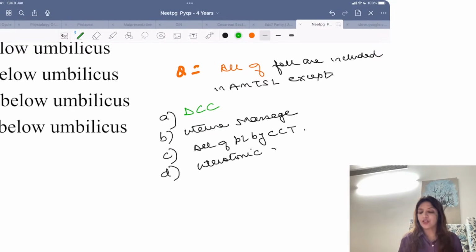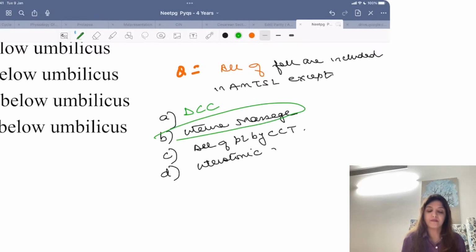Now the option changes, and option A is delayed cord clamping, uterine massage, delivery of the placenta by controlled cord traction, and uterotonic. Tell me. Now your answer is going to be option B. Why option B? Because yes, delayed cord clamping is a part of AMTSL, delivery of the placenta by CCT is a part, and uterotonic is a part.